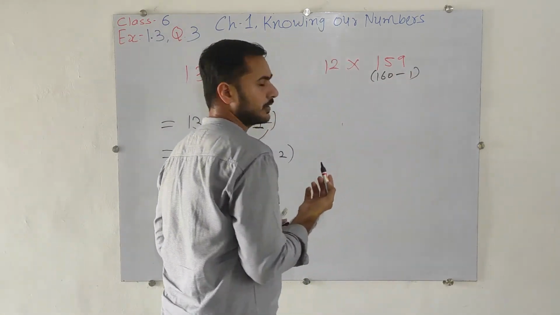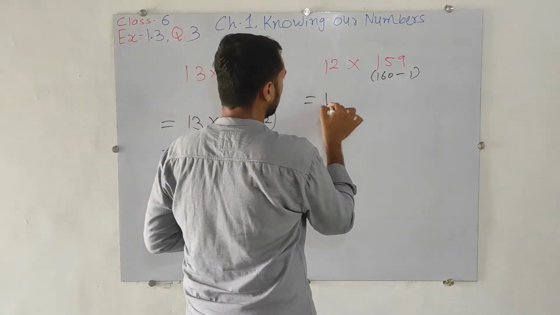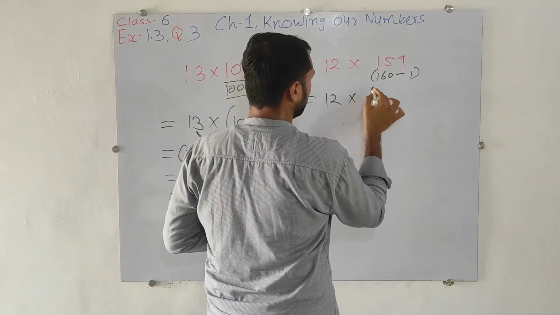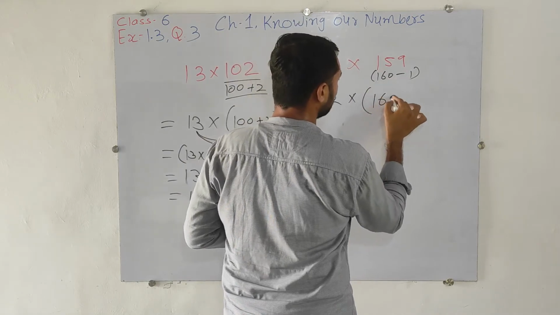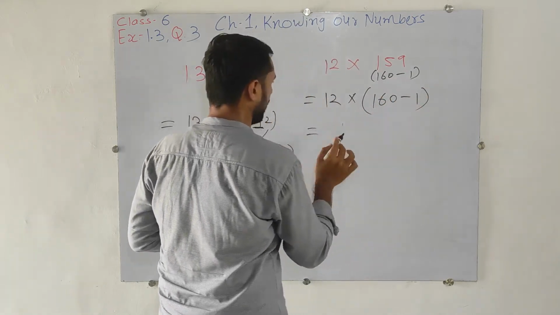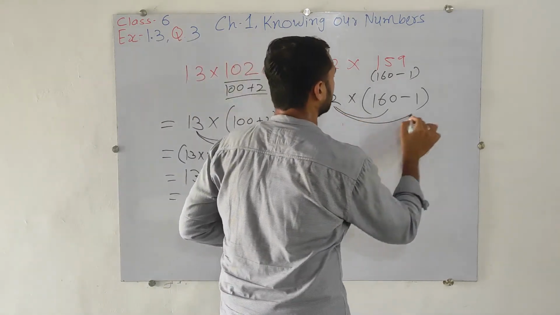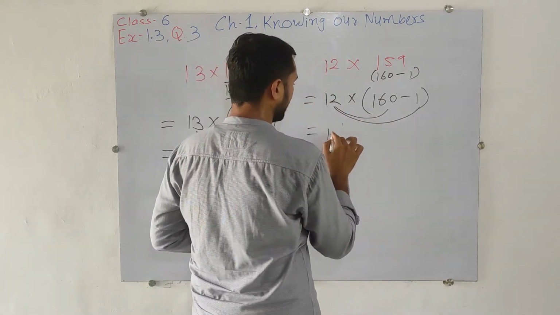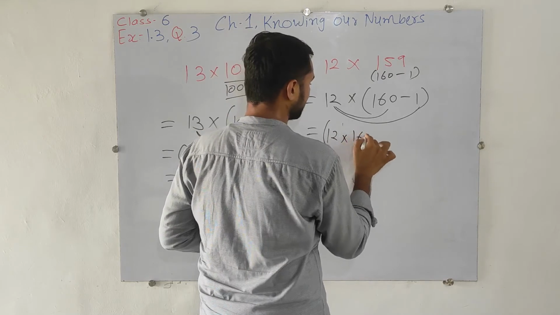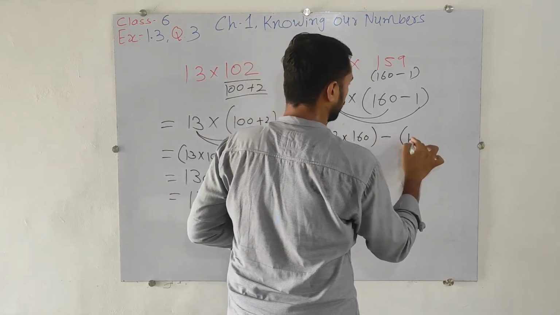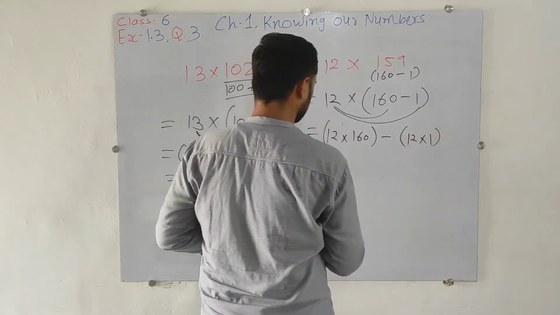So what will happen? 12 multiplied by, in the bracket, 160 minus 1. Now in the next step, what will we do? 12 multiplied to 160 and 12 multiplied to 1. So 12 multiplied by 160 minus 12 multiplied by 1.